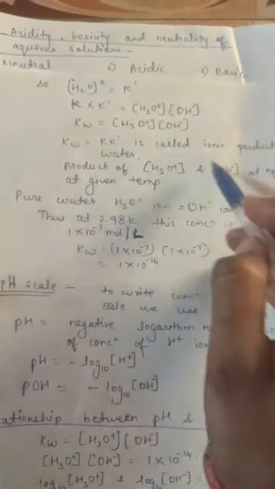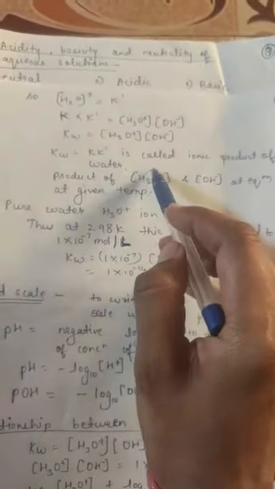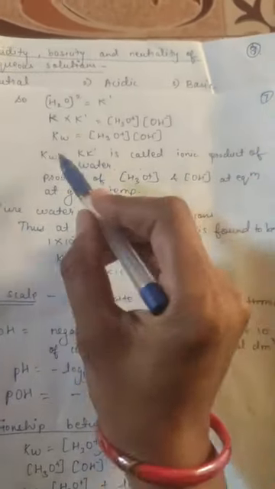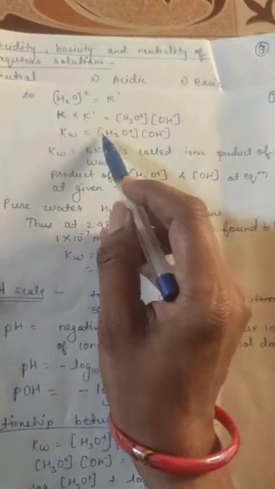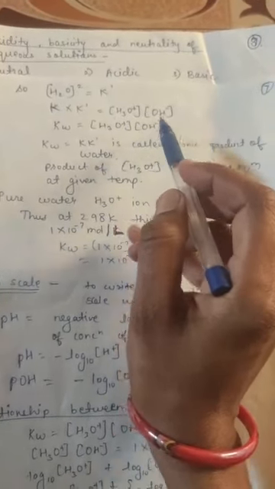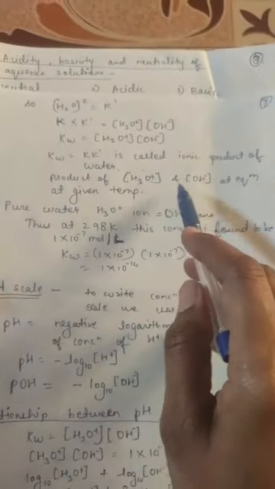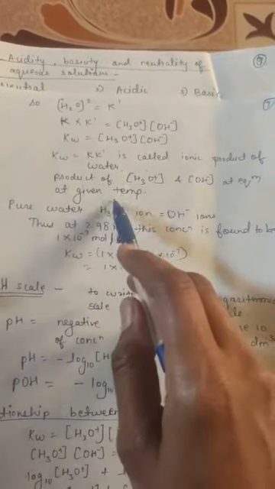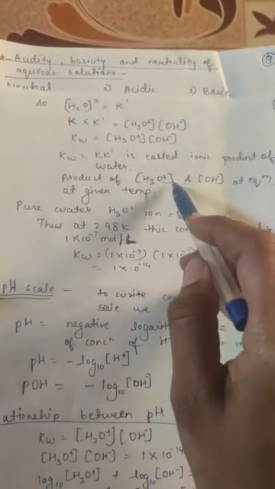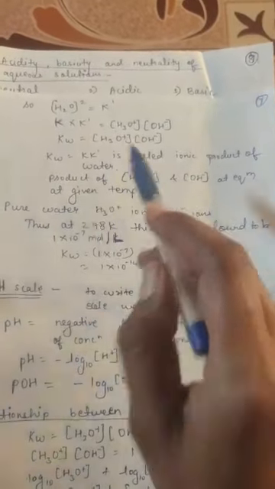What is Kw? It is known as the ionic product of water. It is given by the concentration of H3O plus ions into the concentration of OH minus ions. This product of H3O plus and OH minus ion concentrations at equilibrium at a given temperature is the ionic product of water.